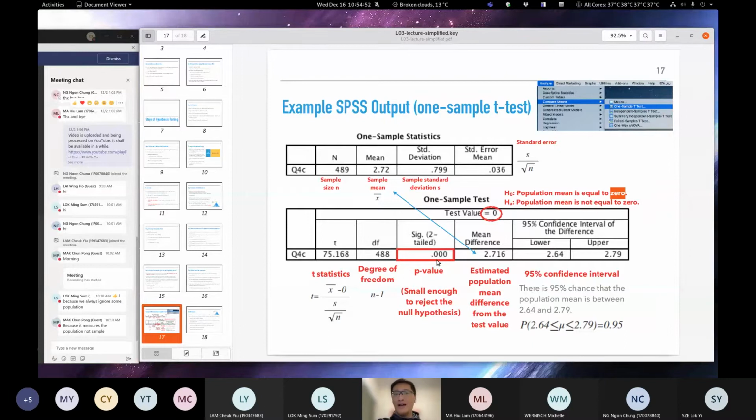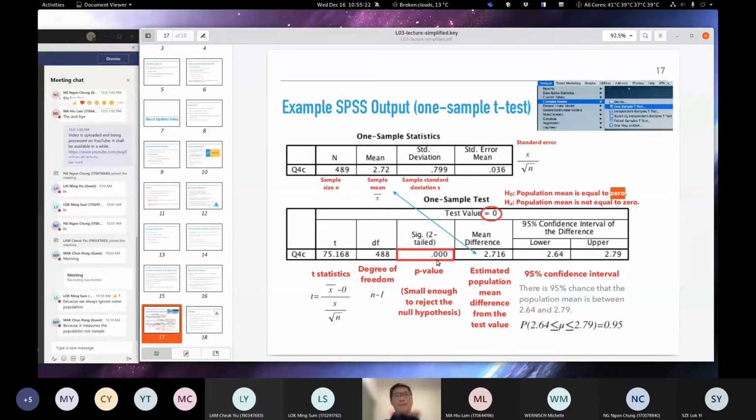We never have anything like p equals 0. But here you see 0.000. That is because the p-value is so small that if you only look at the first 3 digits, you do not see any non-zero digit. You might have something like 0.000000001, but that 1 will not be shown here because it is very far away.